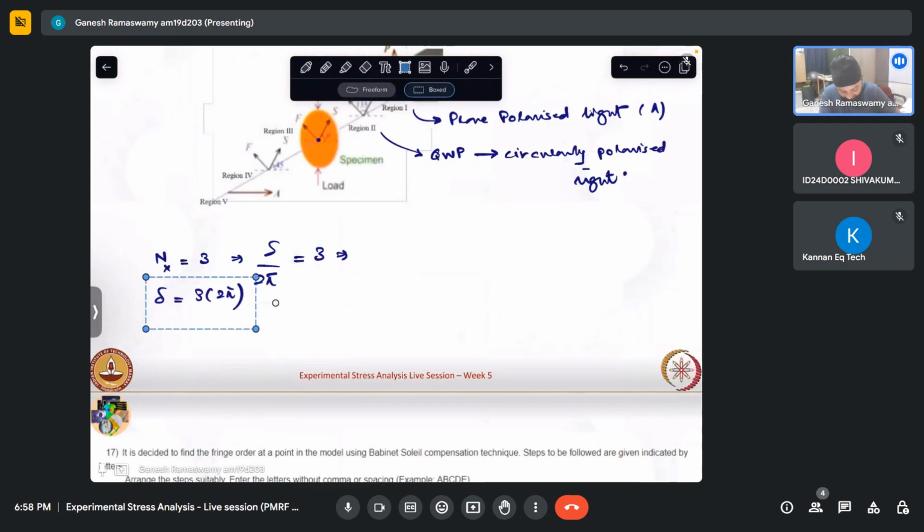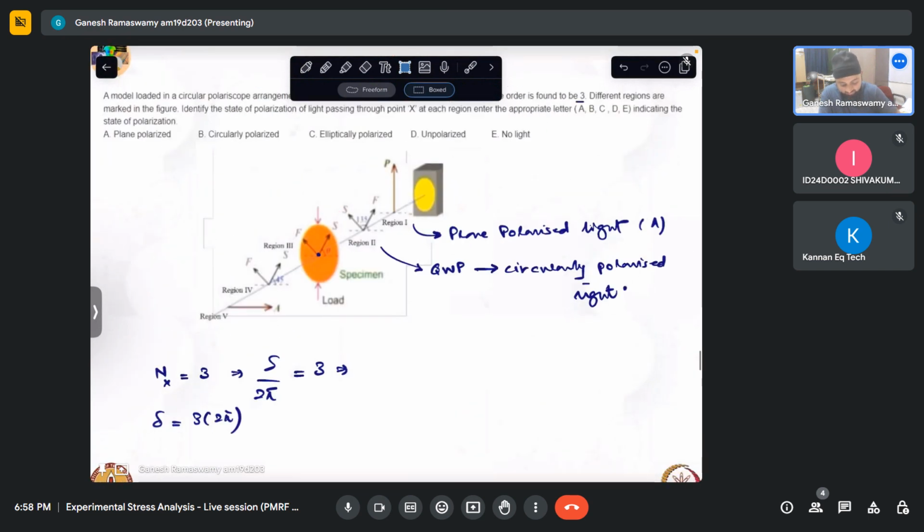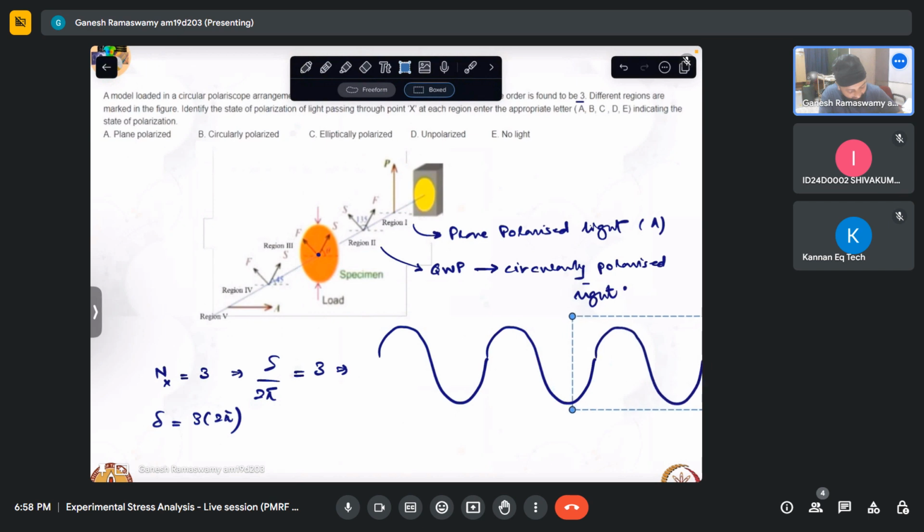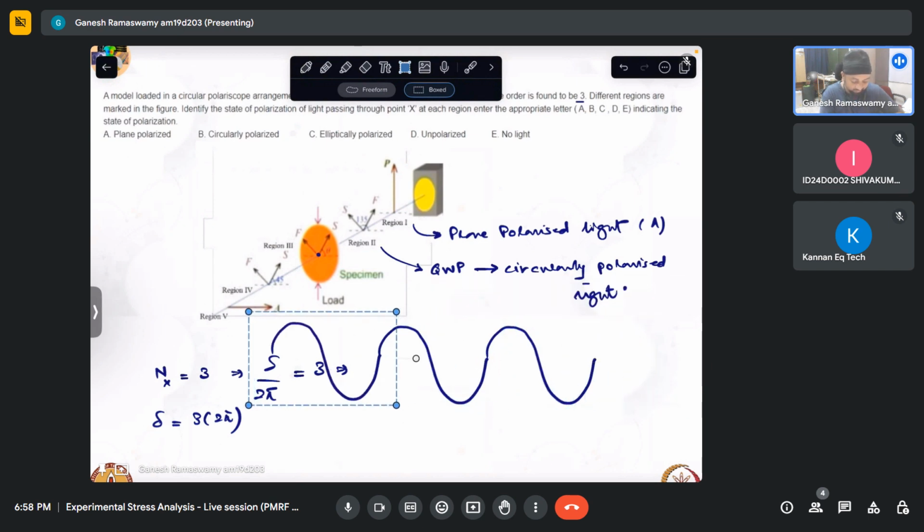In such a case, if we see a sine wave, for example, if this is retarded by 3 wavelengths, essentially nothing changes in this. It still remains the same.